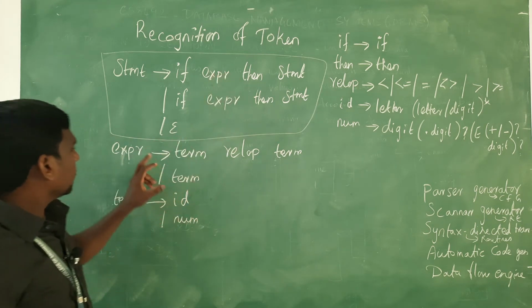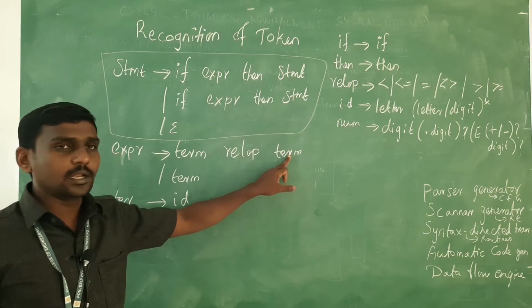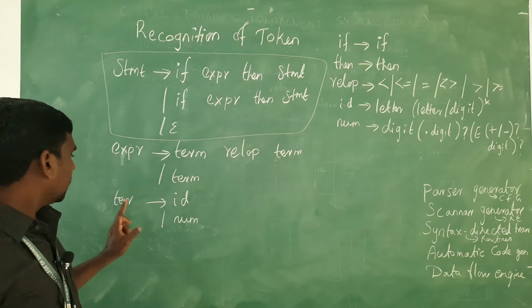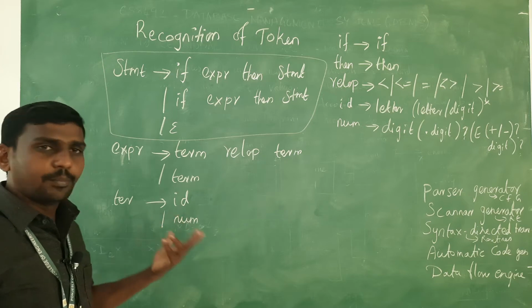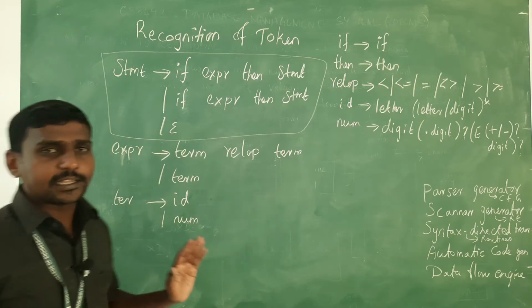If you see, expression is terminal, relational operator, terminal, and terminal is ID or number. By using this grammar, we can recognize a token.